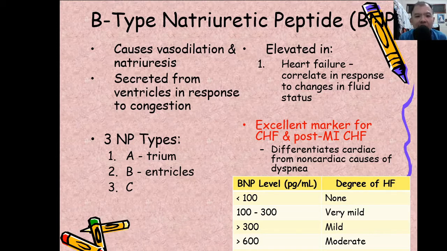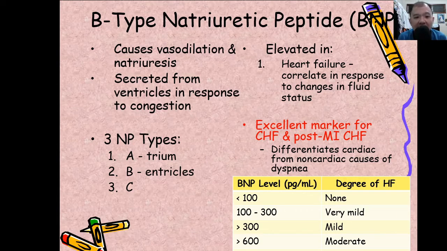It is secreted from the ventricles in response to congestion, when there is already congestion from the heart secondary to fluid overload, perhaps secondary to a heart attack, or with or without heart attack.